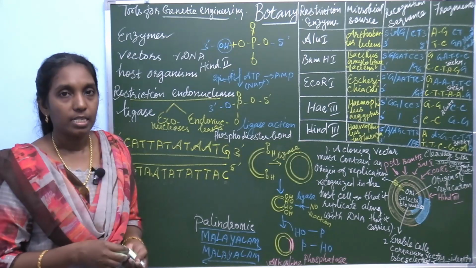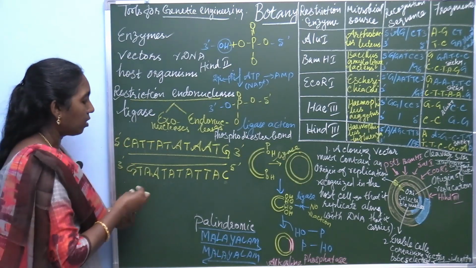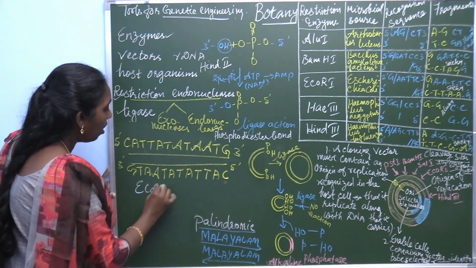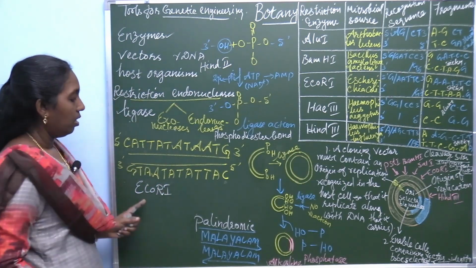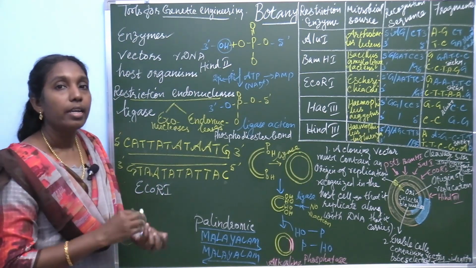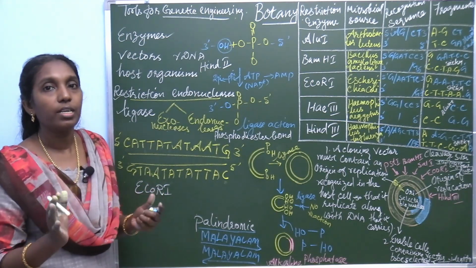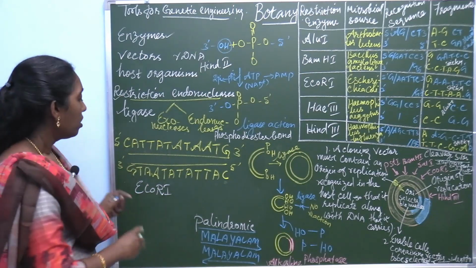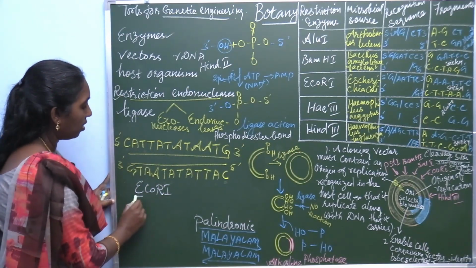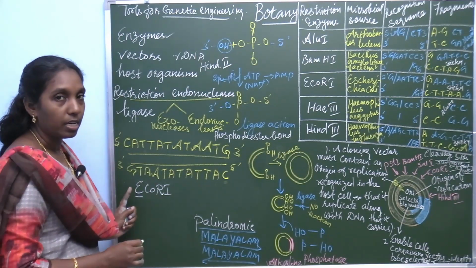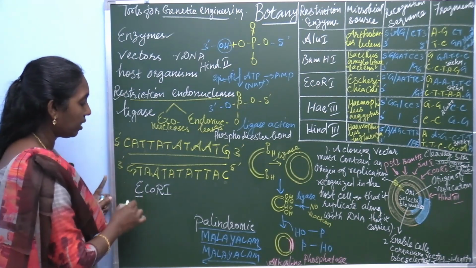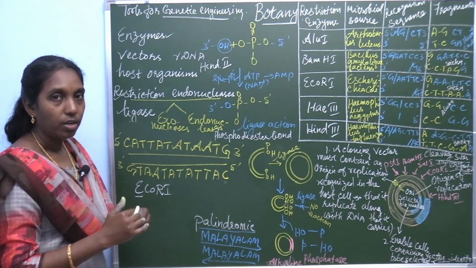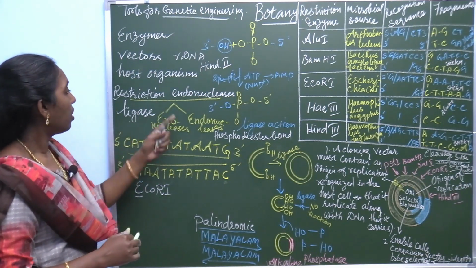For the naming of restriction enzymes, one of the common ones is from Escherichia coli, EcoRI. There is a specific manner to name these. The first letter, capital E, is used because EcoRI is isolated from Escherichia coli.